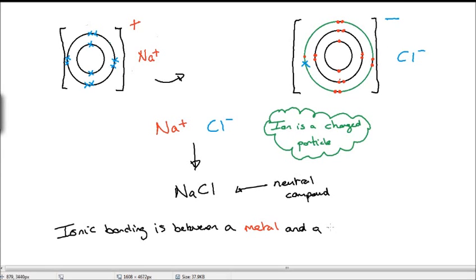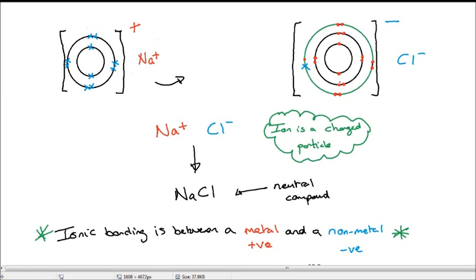In this case that's chlorine, non-metal. The non-metal is always negatively charged and the metal is always positively charged. And so this is ionic bonding, which comes about from the formation of ions.